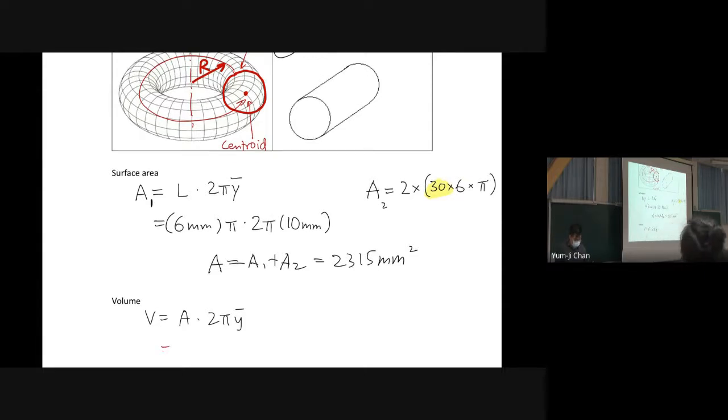It should be easy for you: pi over 4 times 6 millimeter squared, and then times 2 pi, because the centroid of the generating area for this part is the same as the centroid of the circle. So the distance is the same, 2 pi times 10 millimeters. This is V1.